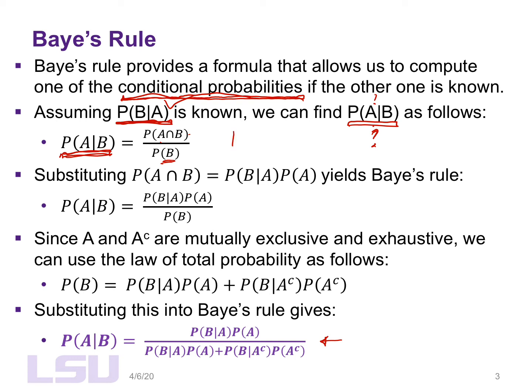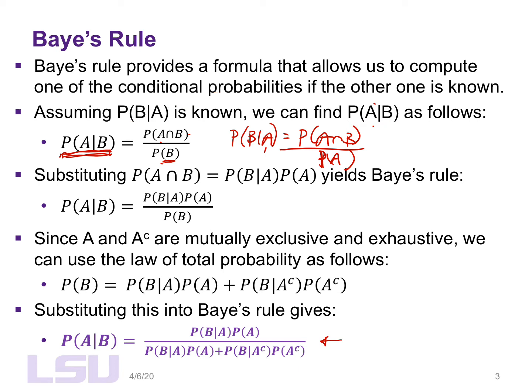Interesting thing is you can also write probability of B given A, which I talked about before. So it's also going to be A intersection B, but now you're given A, right? So you're dividing by probability of A. What does that mean? It means you can substitute this, which is what?